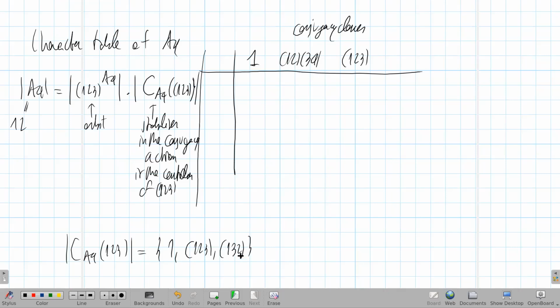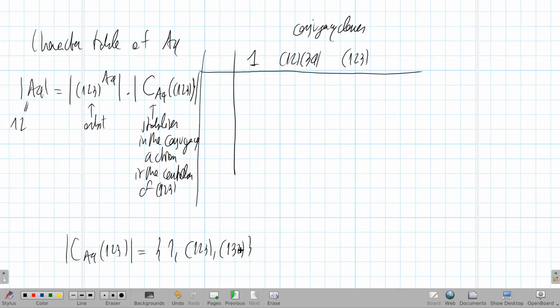It cannot be larger because you remember that we had seen in the Teoria dei Gruppi course that A4 has no subgroup of order 6. So the centralizer, of course, contains the powers of (1 2 3) because they commute with (1 2 3).